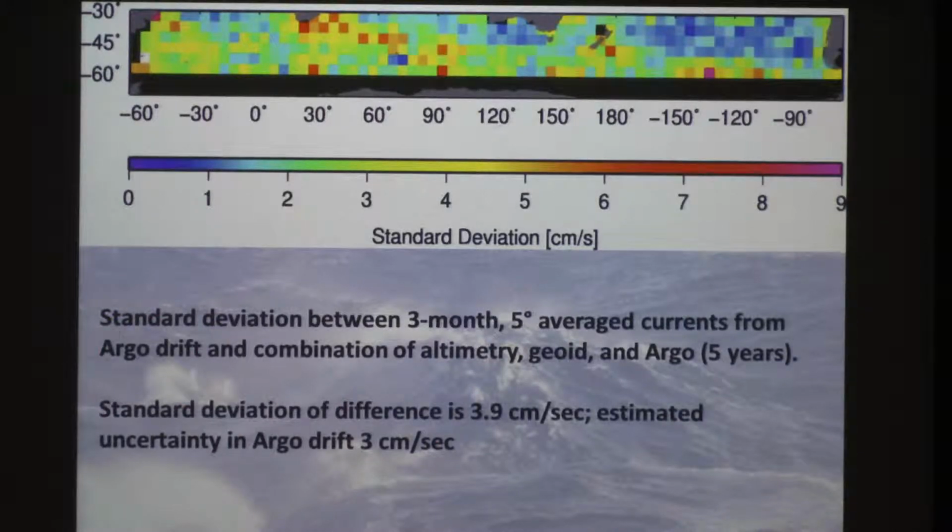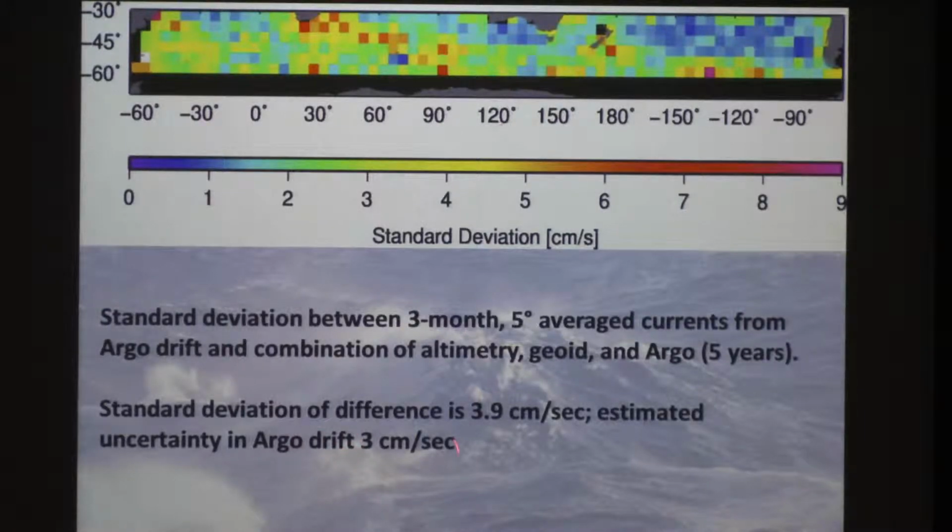And in fact, the mean standard deviation over this time period from our method and the Argo drift method is about 3.9 centimeters per second. And so if you go through the math and assume that the uncertainties are uncorrelated, you can actually show that the uncertainty in this method is actually lower than what's estimated with the Argo drift method.